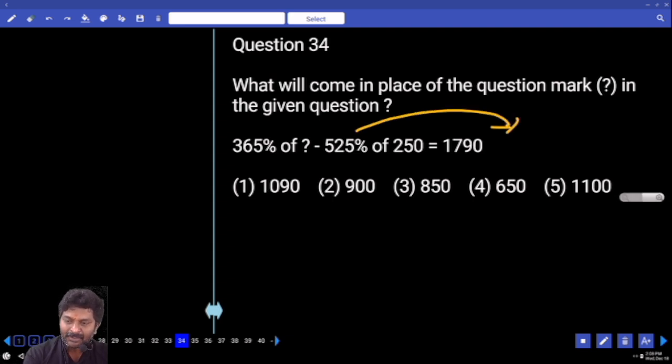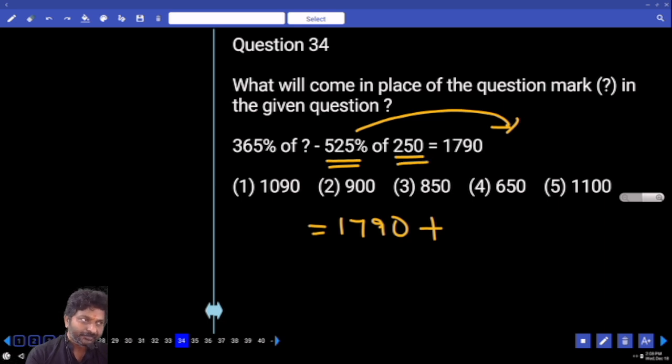Already we have 1790 and plus 525 percentage of 250. Right. So can I write A% of B as B% of A?